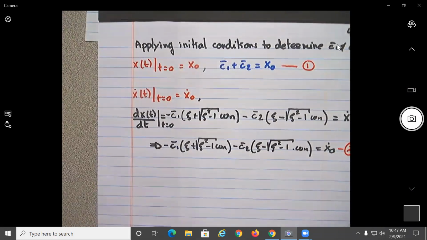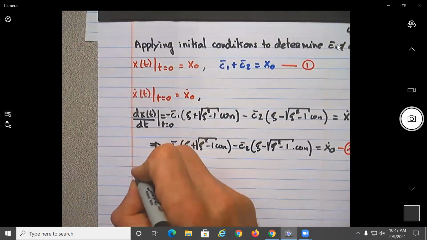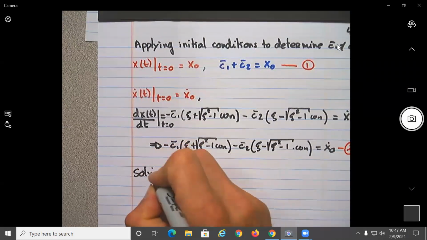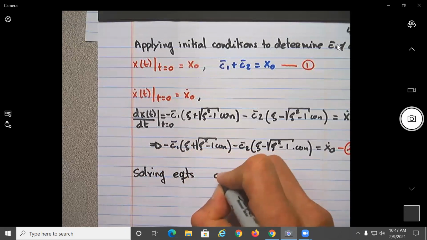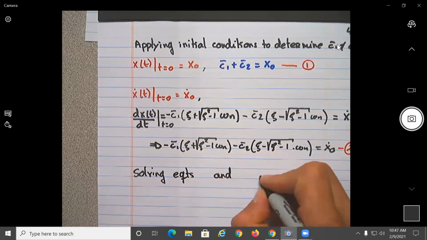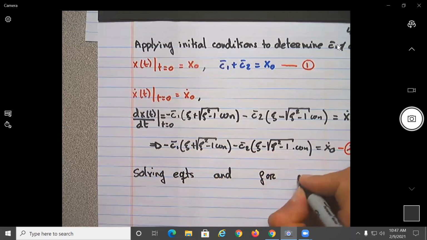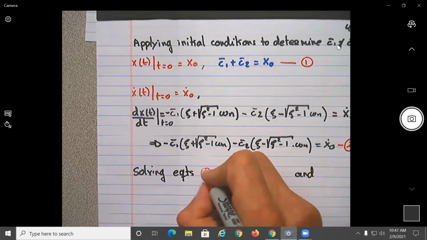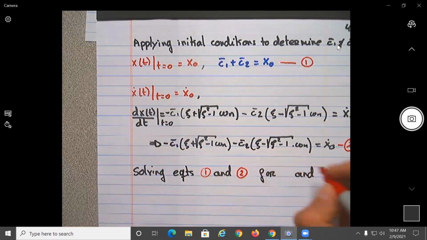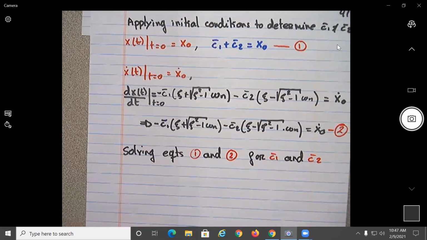Okay, so solving equations 1 and 2 for C bar 1 and C bar 2.